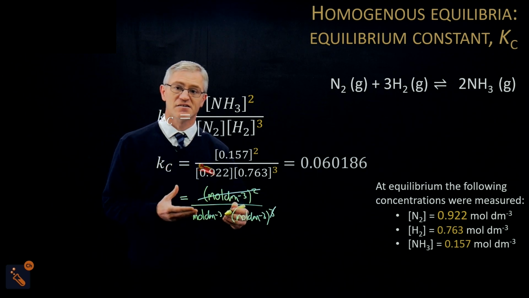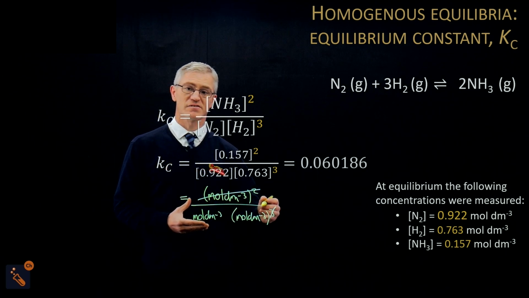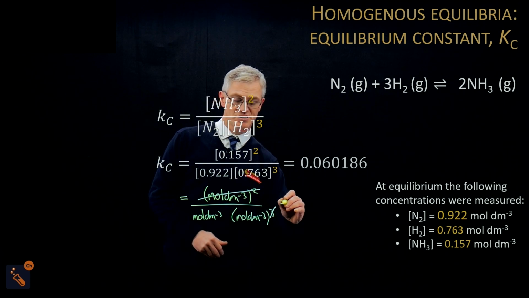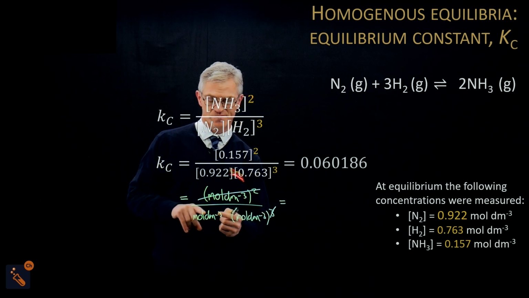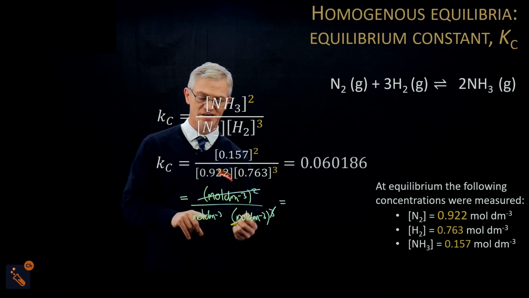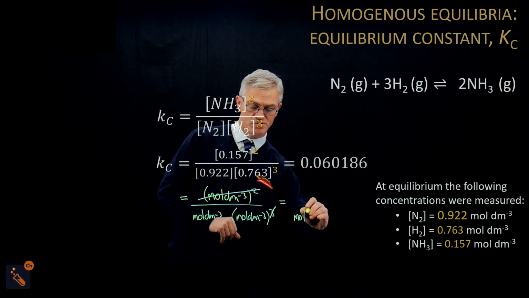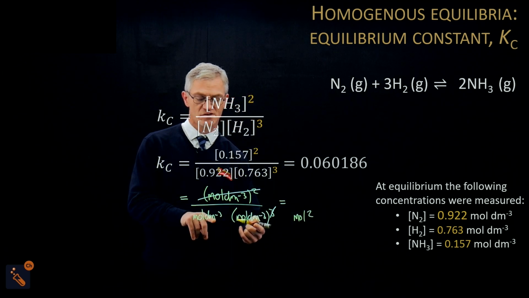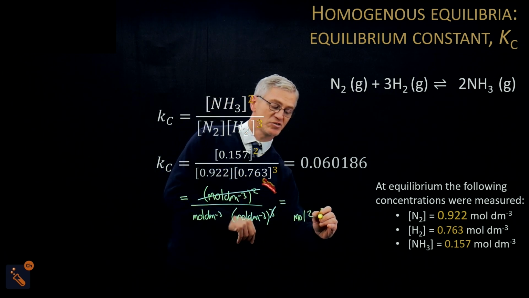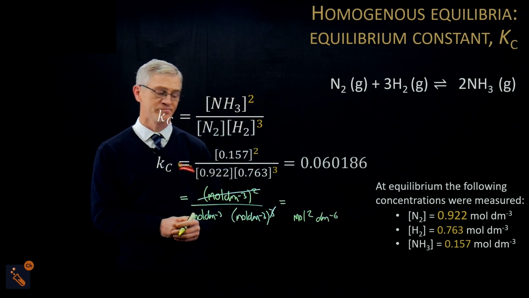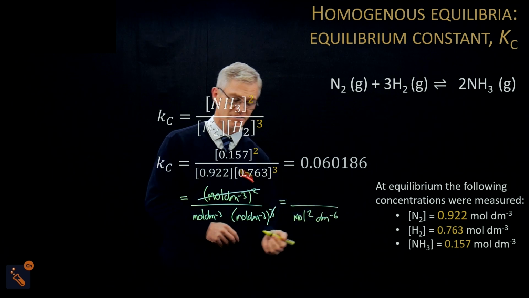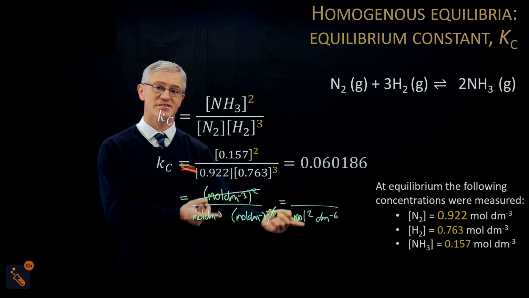Now if that is the case, I can rewrite it, okay, and I can rewrite it basically by taking the numbers and just kind of adding them together. So moles and moles, well that's 2 moles, so that's going to be moles to the power 2, and then I've got dm minus 3, dm minus 3, or dm minus 3 plus dm minus 3 is the minus 6. Now that is still the denominator. I need to make it the numerator.